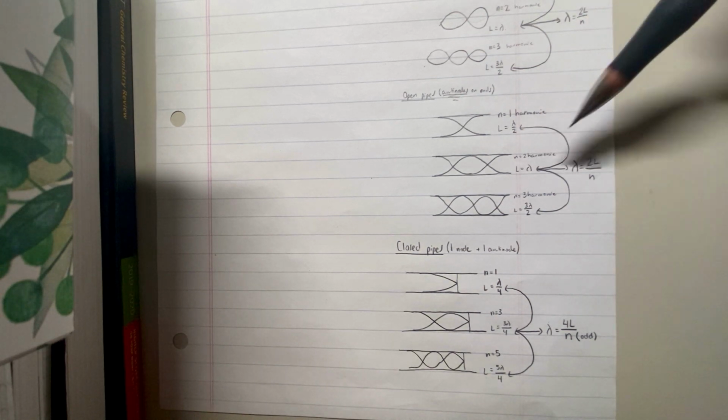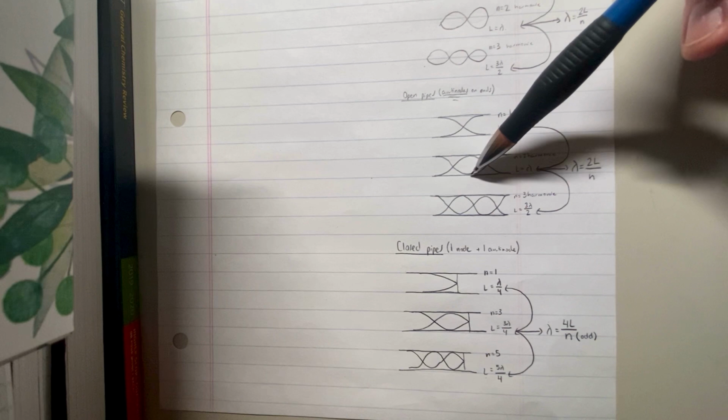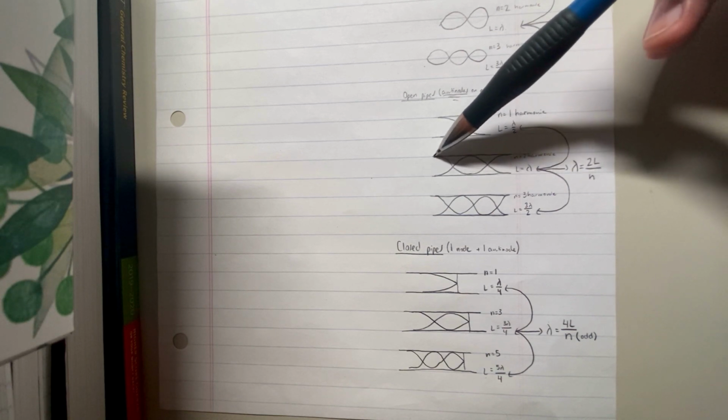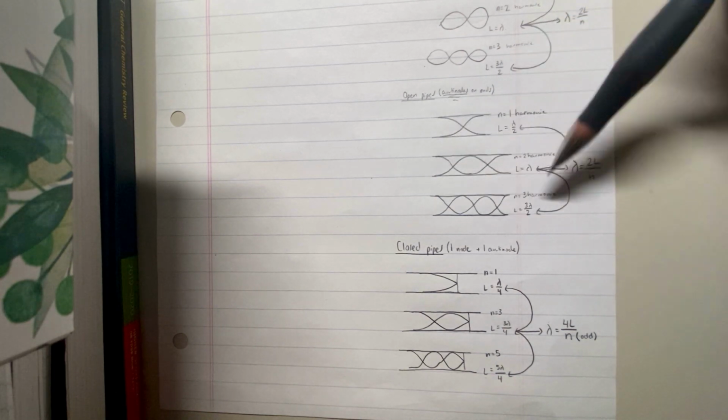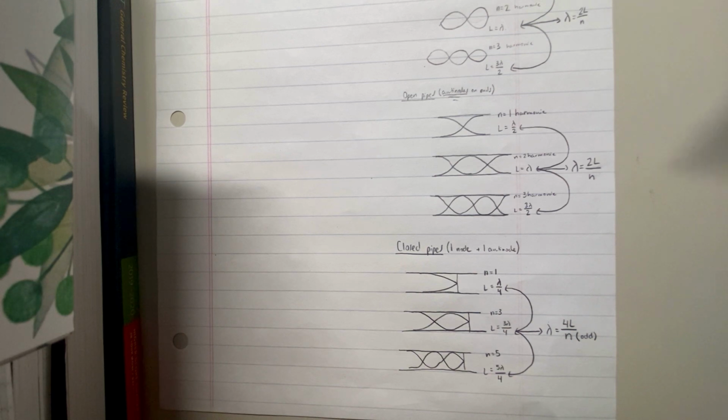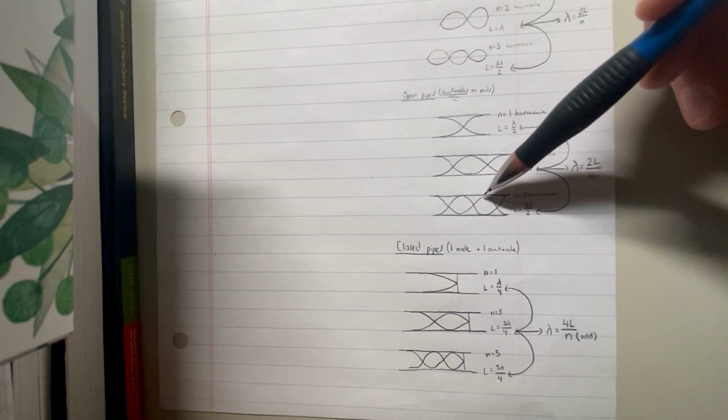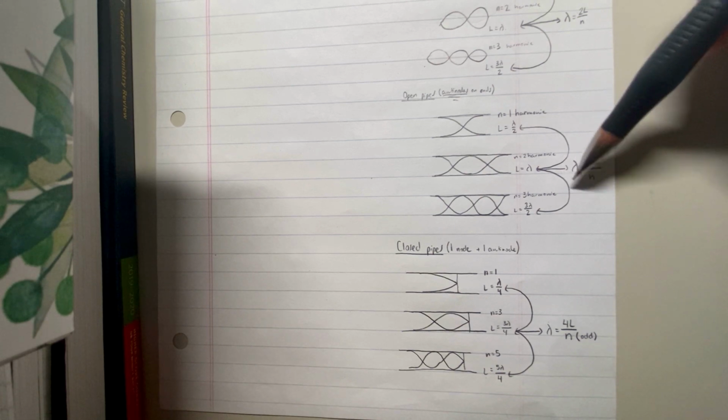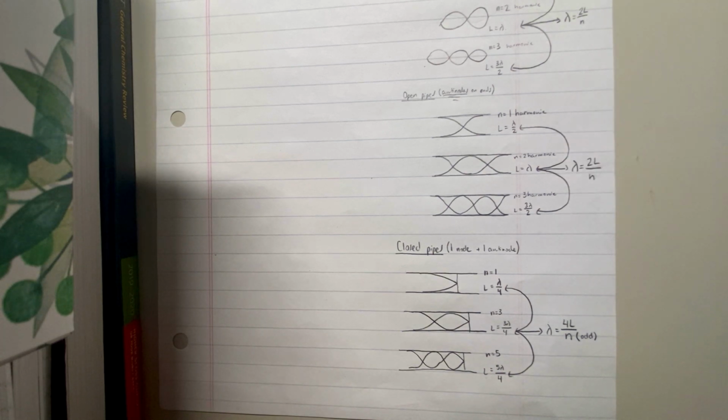For harmonic number 2, there's one half wavelength here and a second half wavelength here, making the length one wavelength. An n equals 3 harmonic would be 1/2, 2/2, 3/2, so 1.5 wavelengths. And if we isolate the wavelength again, we obtain the same equation as above, 2L/n.